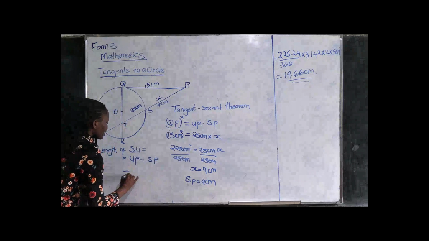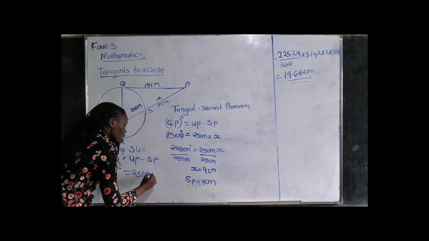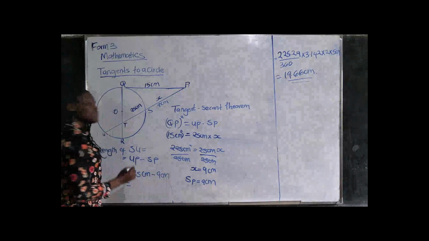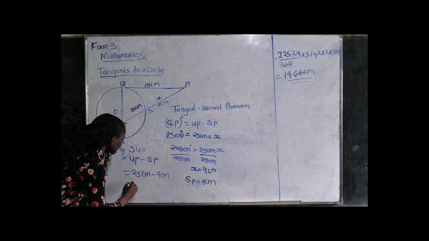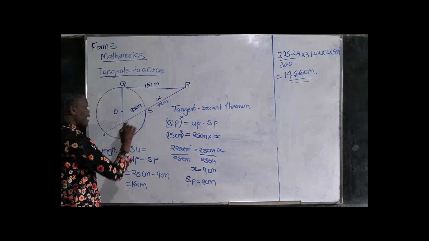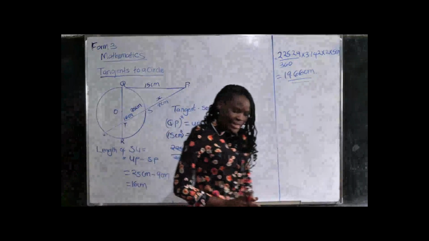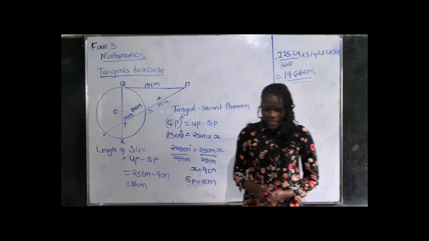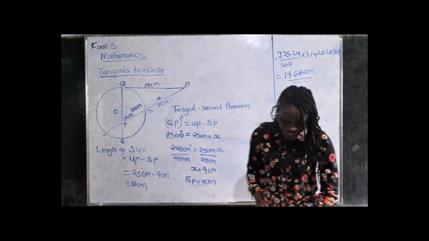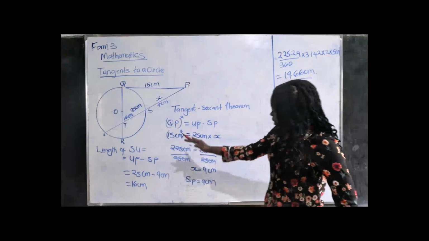Now UP is equal to 25 centimeter minus 9 centimeter. If I subtract the two, I'll get 16 centimeter. So US is 16 centimeter.